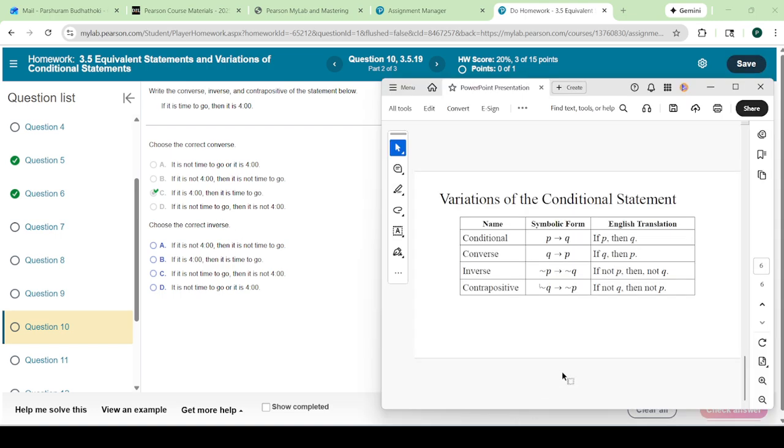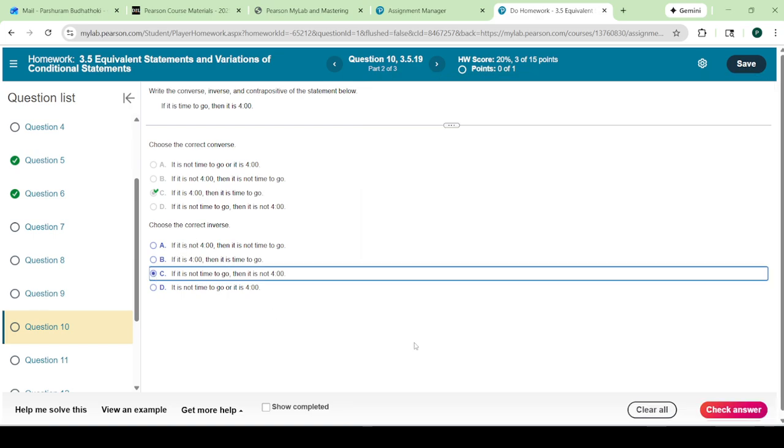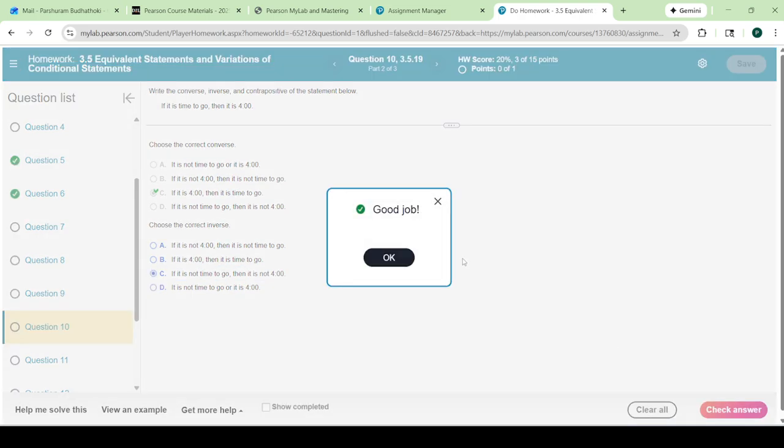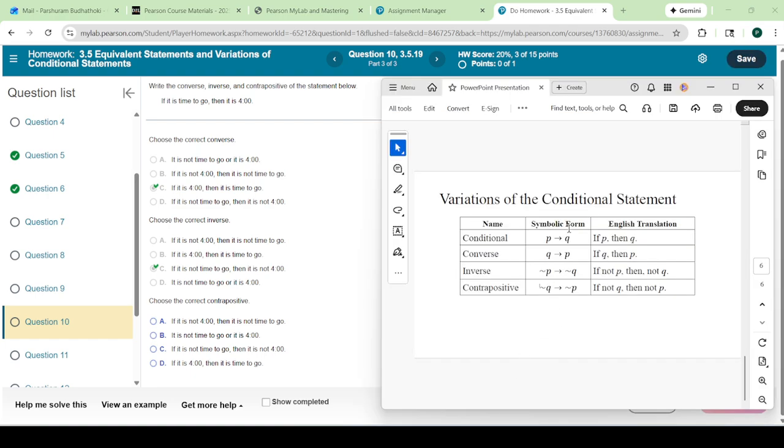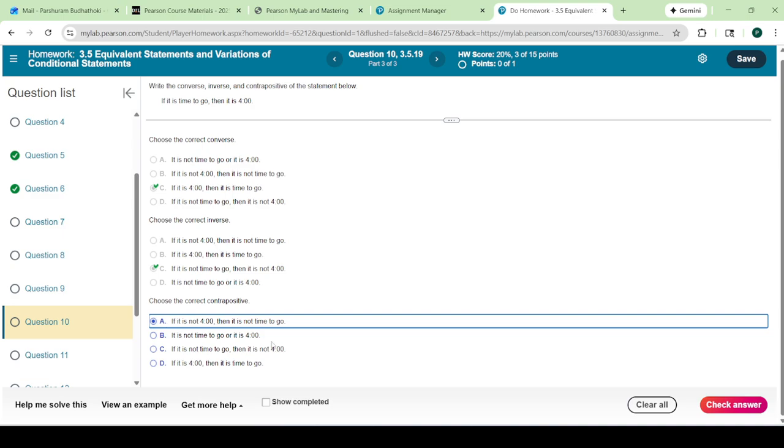Inverse means not P implies not Q. So if it's not time to go, then it's not 4 o'clock. That's the inverse. Contrapositive, as you can see here, is just flip it and negate it: negation of Q implies negation of P. So if it's not 4 o'clock, then it is not time to go.